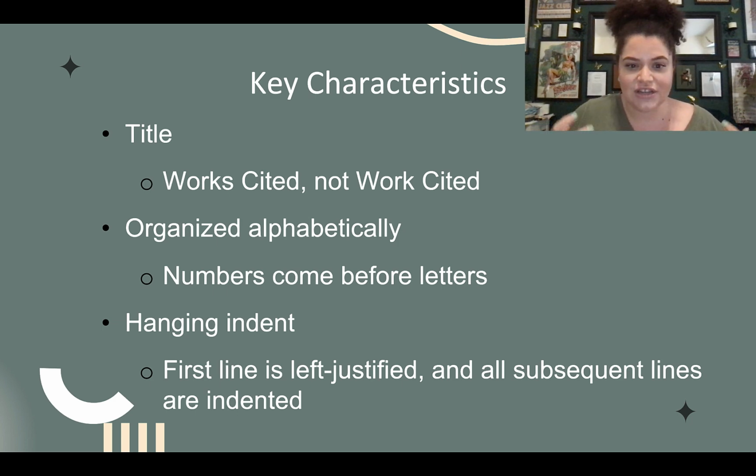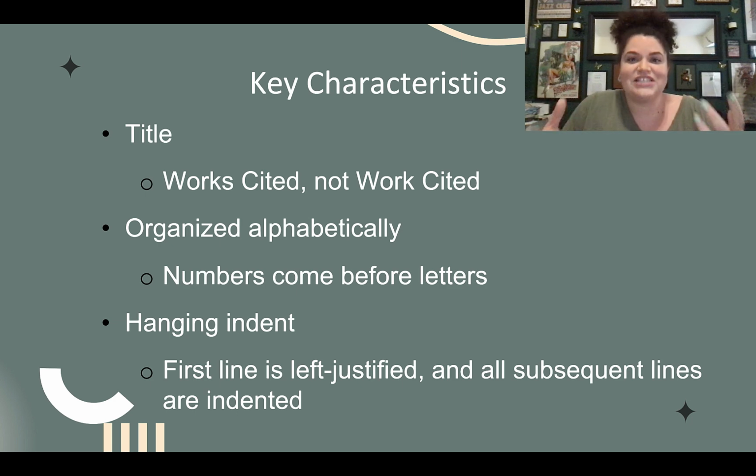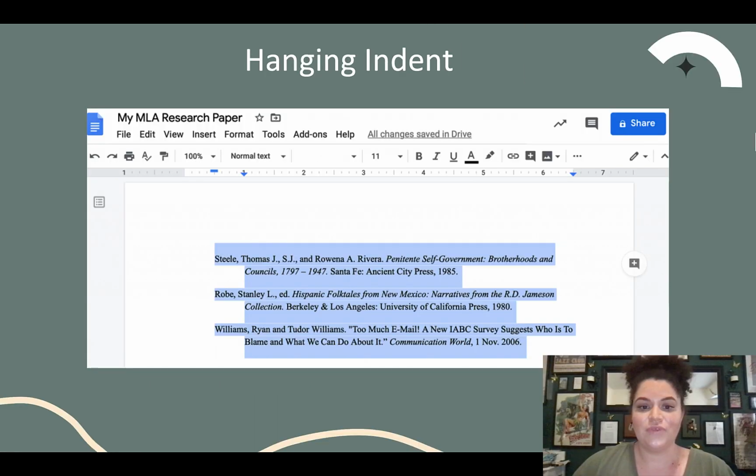Okay, so I know that's confusing, being explained out loud, but let me show you what this actually looks like. Here are a few examples of citations that spill over more than one line and use a hanging indent. So notice these are 3 different citations.